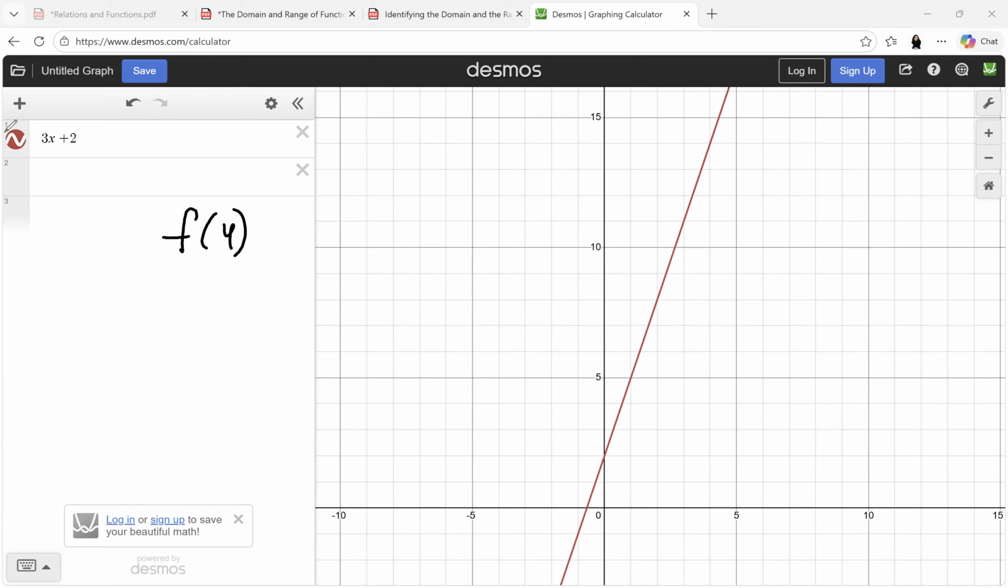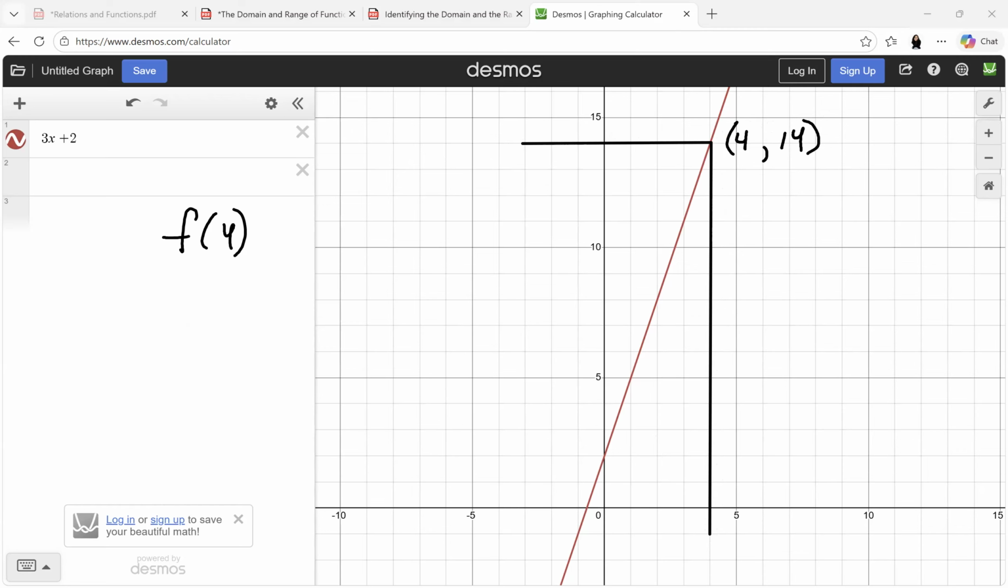f of 4 is 14, because this is where x is equal to 4. So as Kaylin was explaining first, you have to read from where x is equal to 4 on the x-axis, up to the graph, and then you read off the y value there, which would be 14. So Kaylee, what is the ordered pair? What are the coordinates there? So 4 and 14.